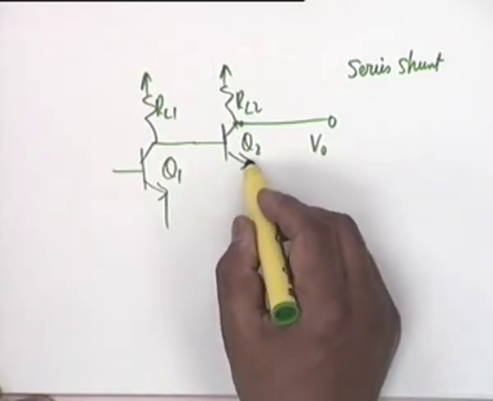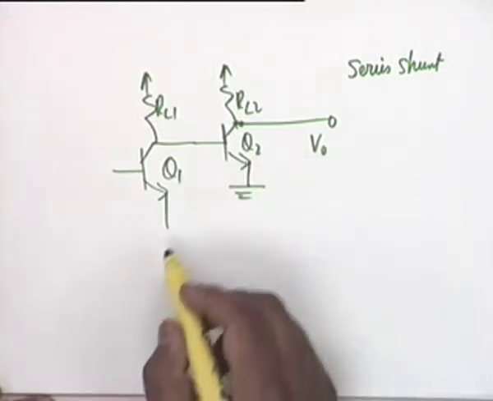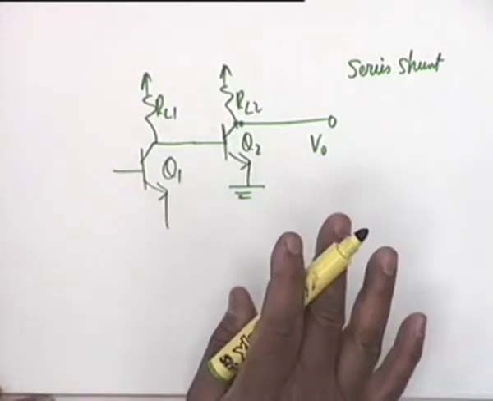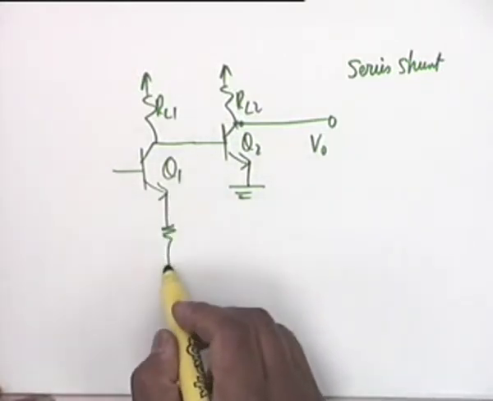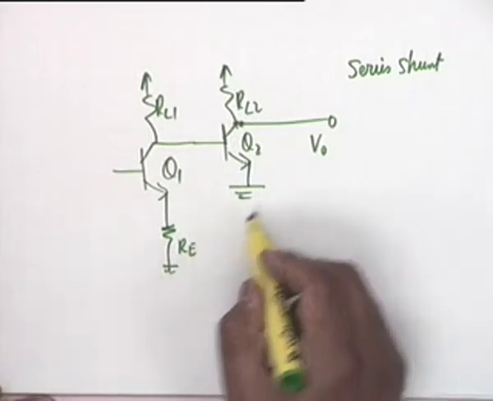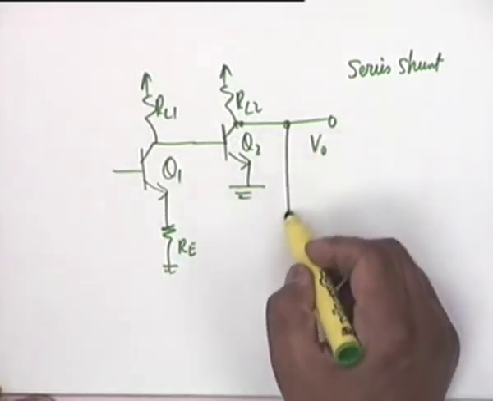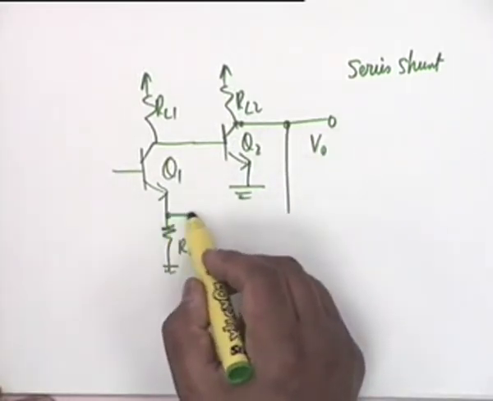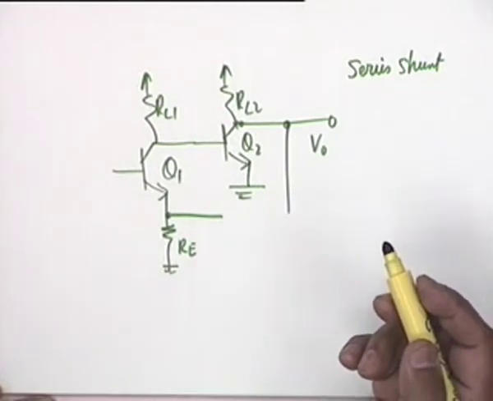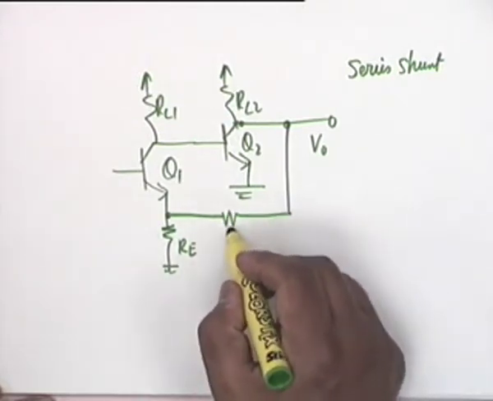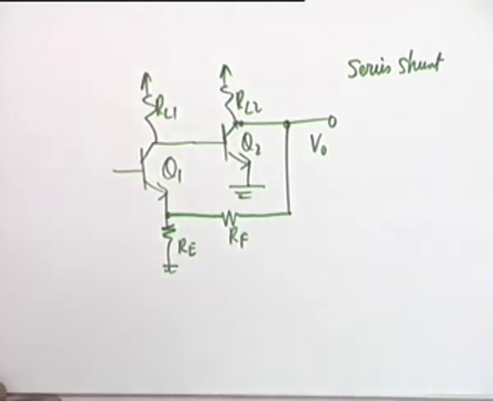So what you will do is, normally this will go to ground, this should also go to ground if it's a simple two-stage. So what you do is you connect a small resistance here, RE, and then connect this to RE. Straight away? No, through a resistance, let's call it RF.